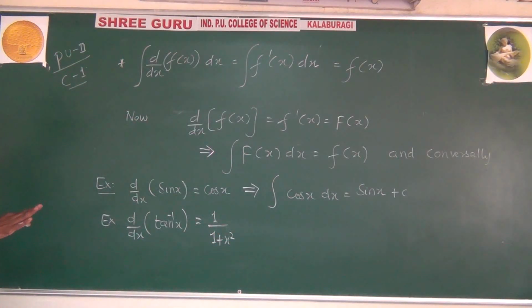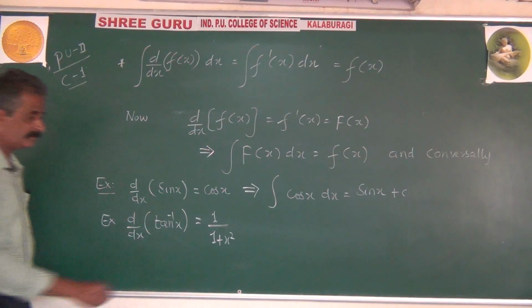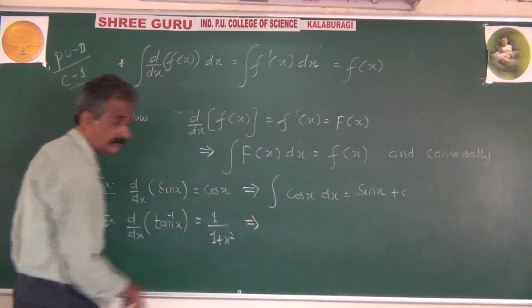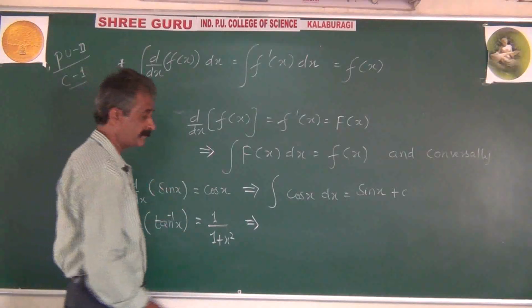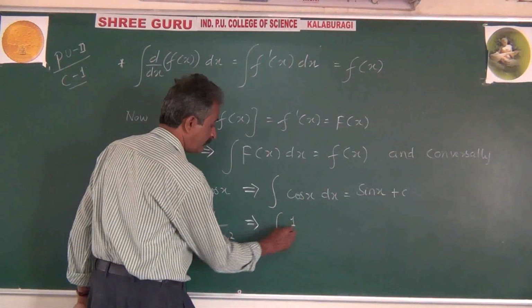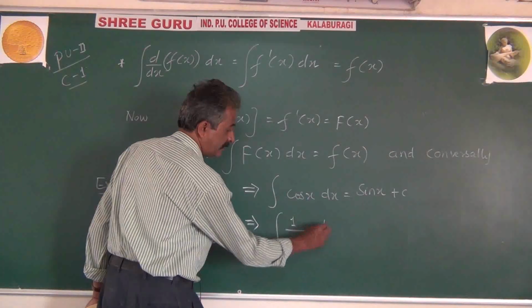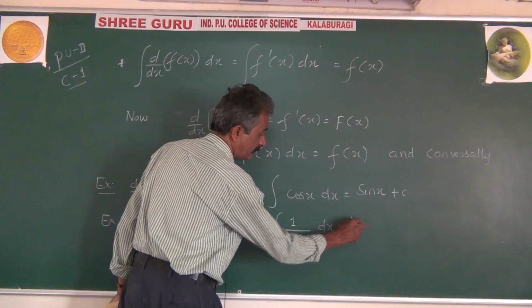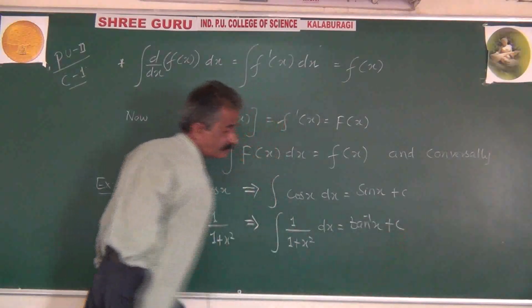Thus, this is not a new formula, it is the old formula but in the opposite direction, which implies that the integration of 1 by 1 plus x square dx will be equal to tan inverse of x plus c, and so on.